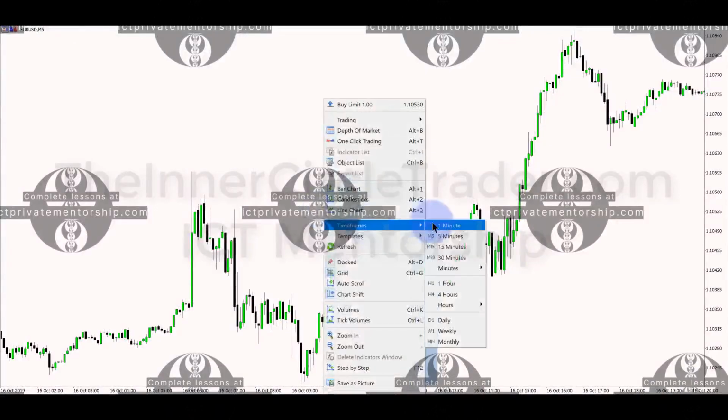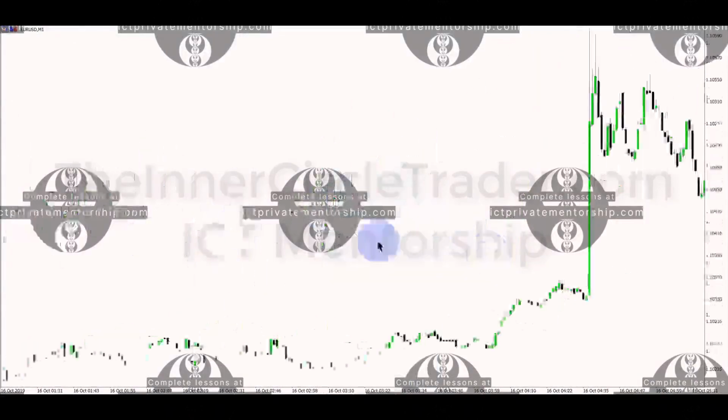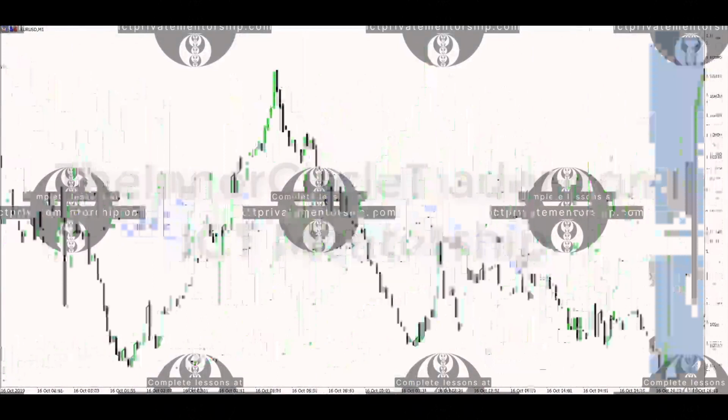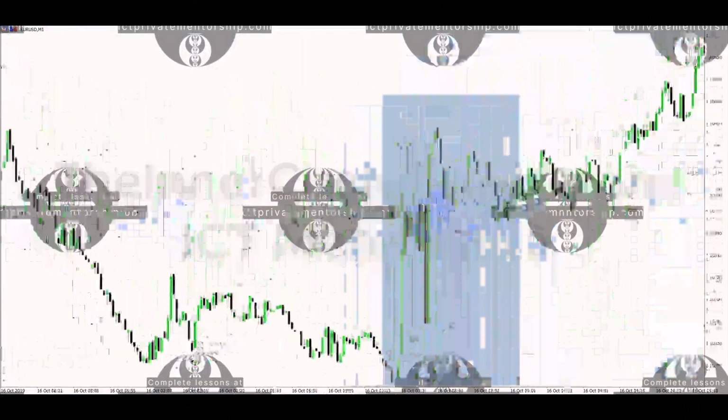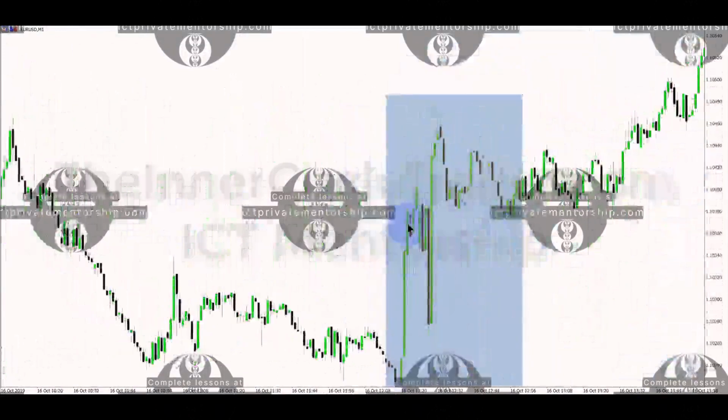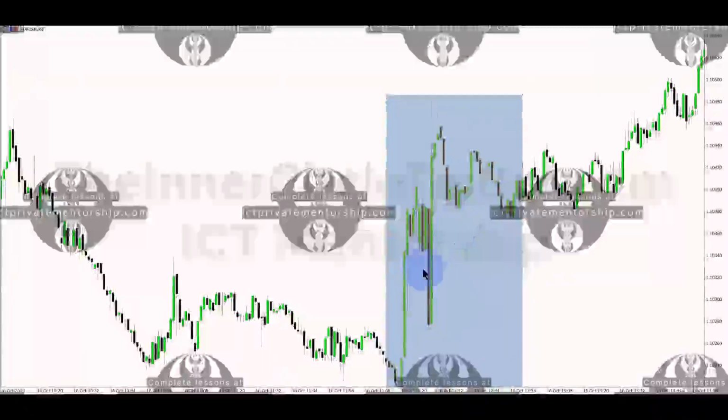On a 1-minute chart, dropping down into it, scrub over here a little bit. All right, so here's that same 5-minute candle. Look what occurs in here. We have 8 candles. Well, I don't know if it's 8. Let's see, 1, 2, 3, 4, 5, 6, 7, 8.